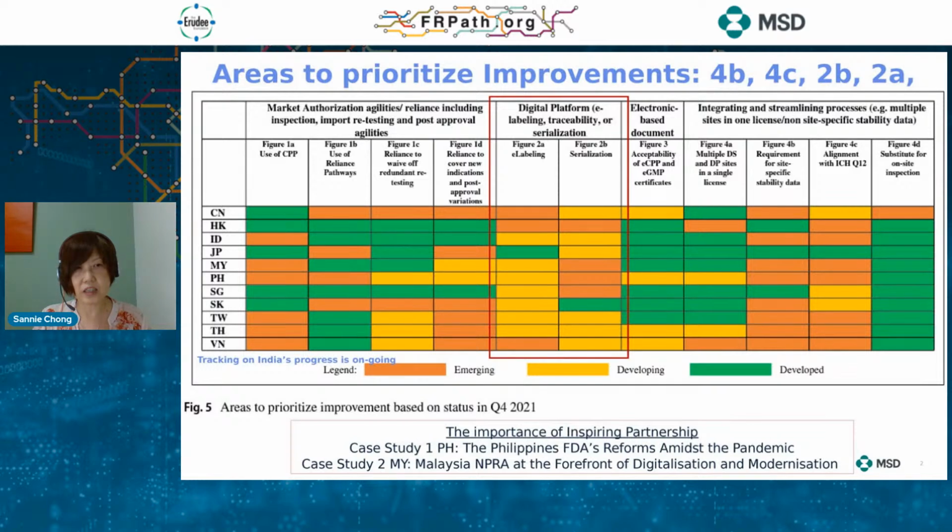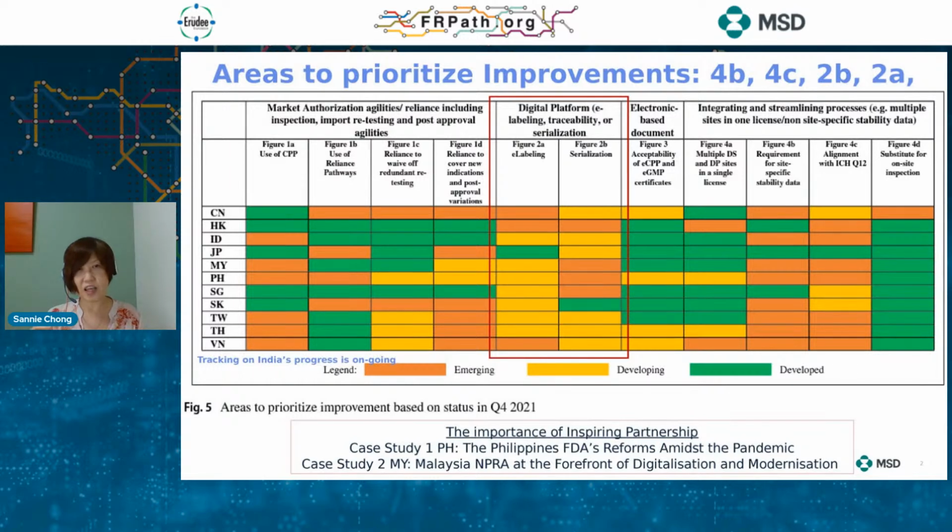The other indicator we think also is important is figure 1A. What that meant is, after the implementation of reliance pathway, is CPP continued to be required? Because CPP is a reliance tool, right?